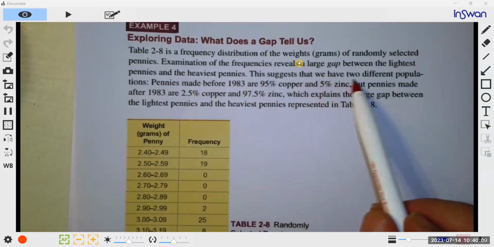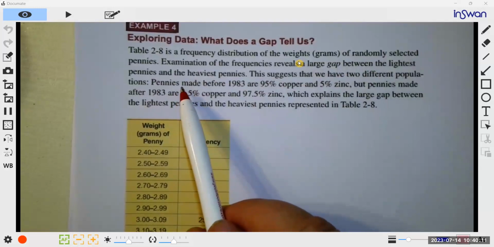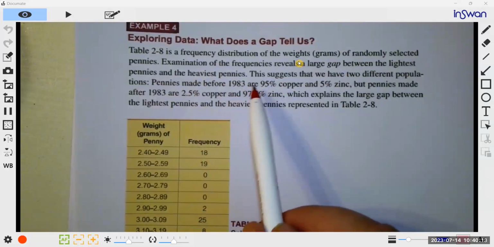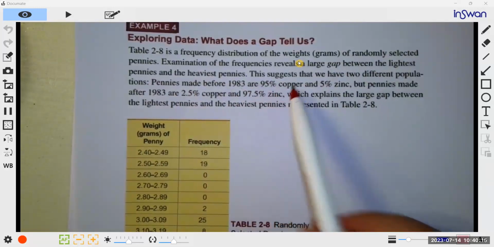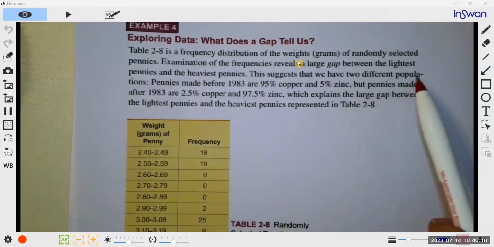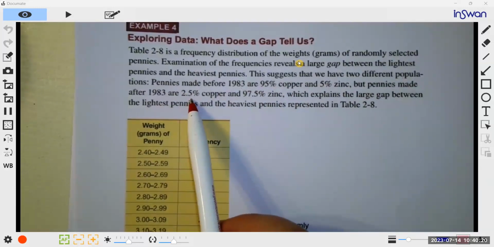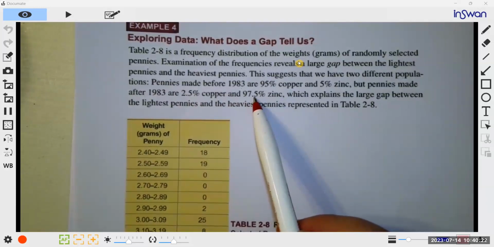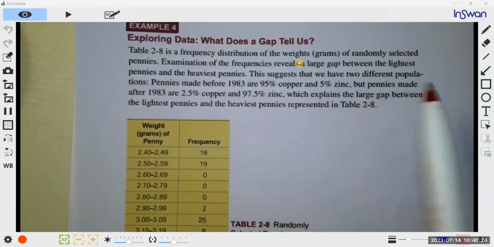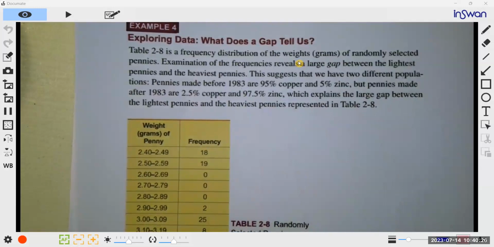This suggests that we have 2 different populations. Pennies before 1983 are 95% copper and 5% zinc, and pennies after 1983 are 2.5% copper and 97.5% zinc, which explains the large gap between the lightest and heaviest pennies.